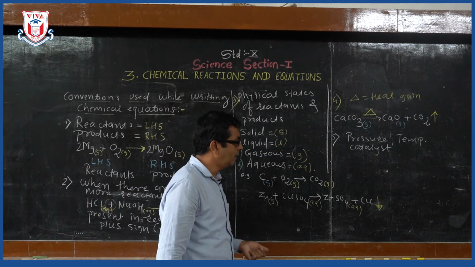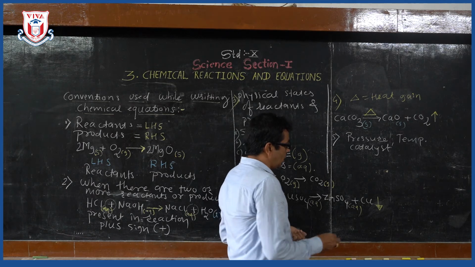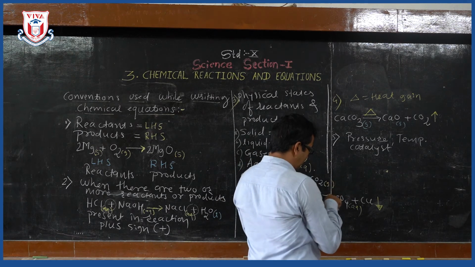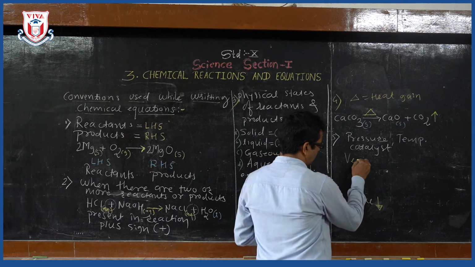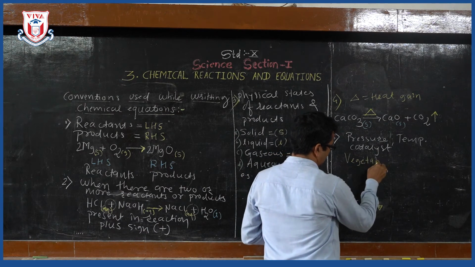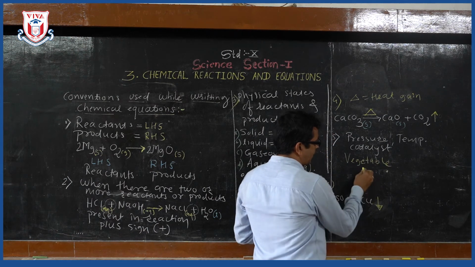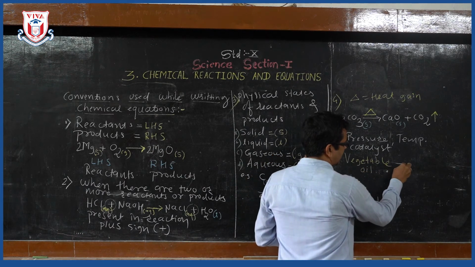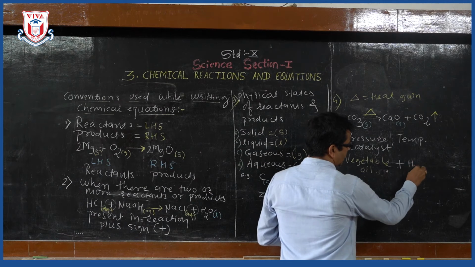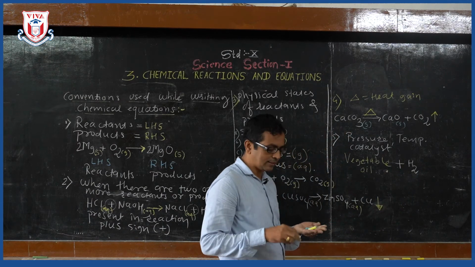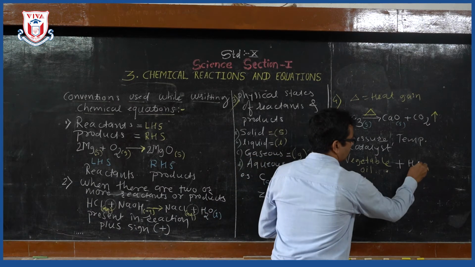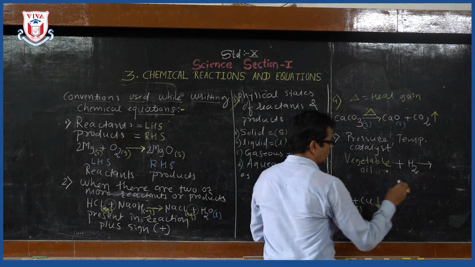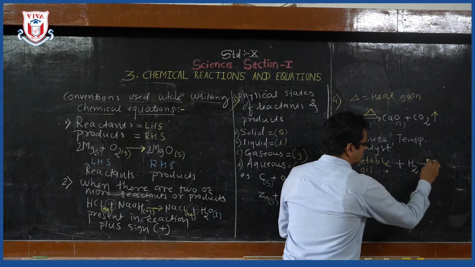Let's take an example, vegetable oil. Vegetable oil is in a liquid state, and when you add hydrogen gas to it, it converts into vanaspati ghee.